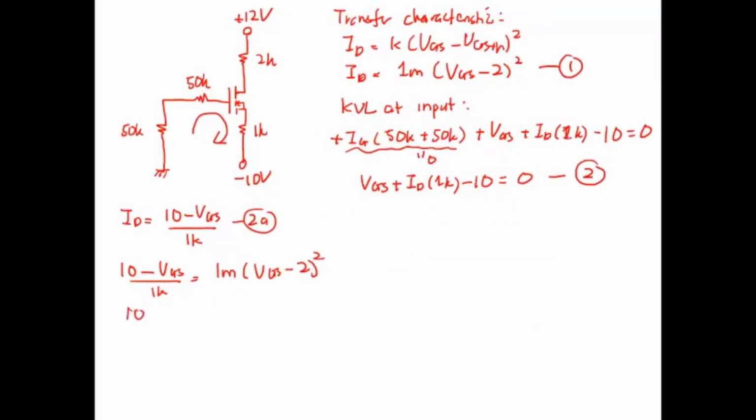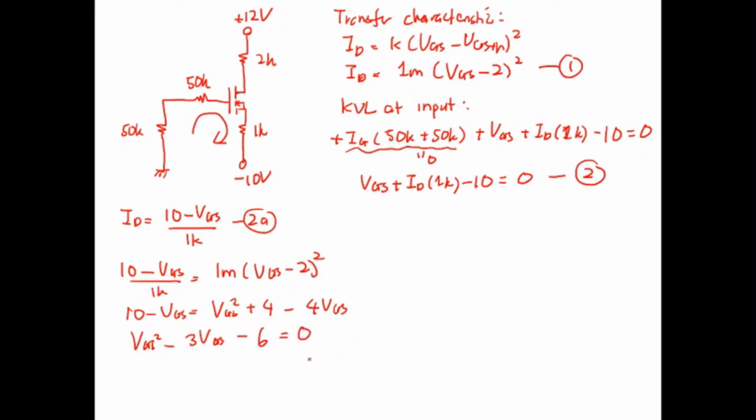So this is 10 minus VGS, and then you get VGS squared plus 4 minus 4 VGS. Lastly you will get the equation VGS squared minus 3 VGS minus 6 equal to 0.